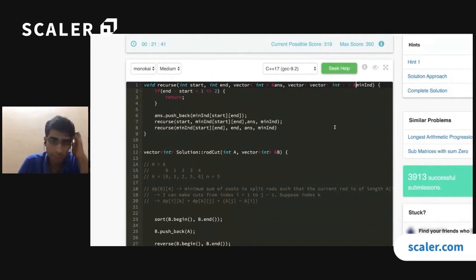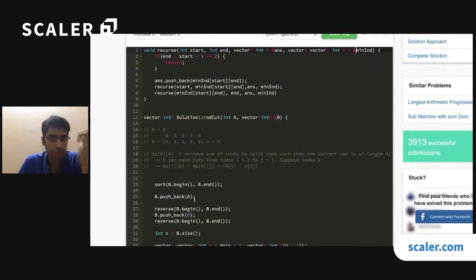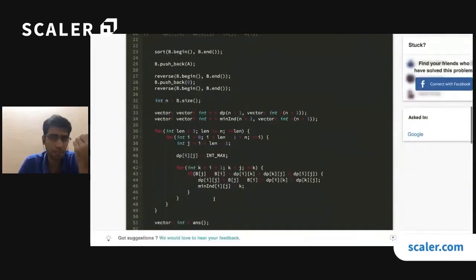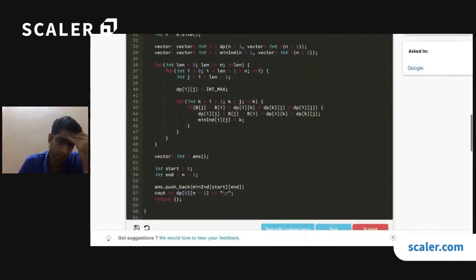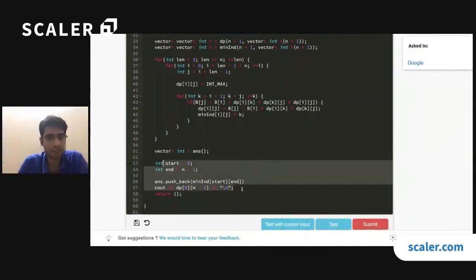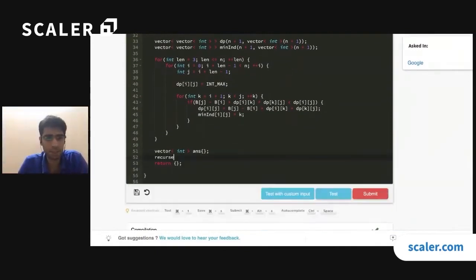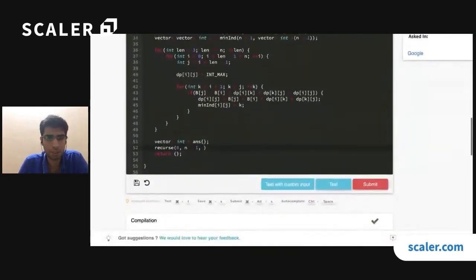I will actually need the B of that particular value, not the min index, but let us say that I have this. Then I will call recurse of 0 to n minus 1 with the answer and min index.